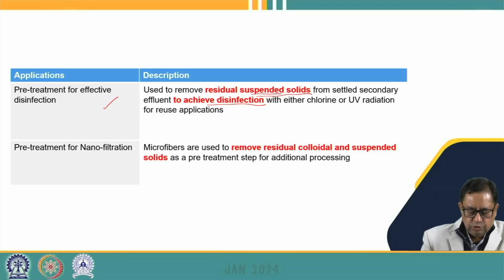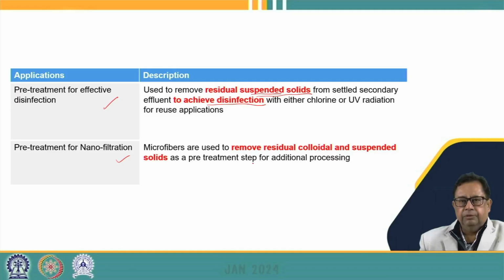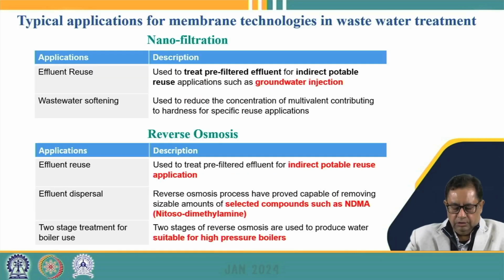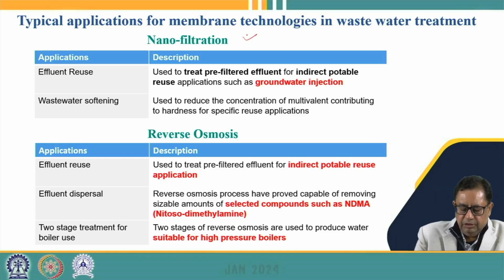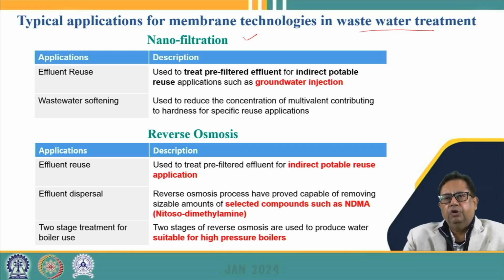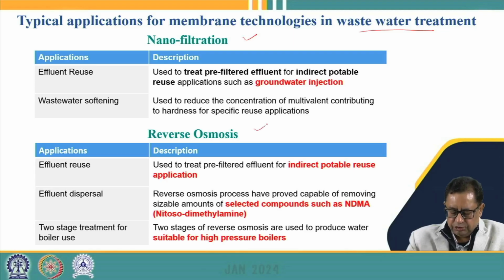Similarly, we also have to go for the pre-treatment for nano-filtration, because when we are going for nano-filtration, we have to remove the colloidal and suspended particles, so that we can go for the nano-filtration after that. So nano-filtration can also be used for wastewater treatment. As we have already discussed, it may not be highly feasible for wastewater treatment by using nano-filtration or RO processes, but in some specific cases it may be used.